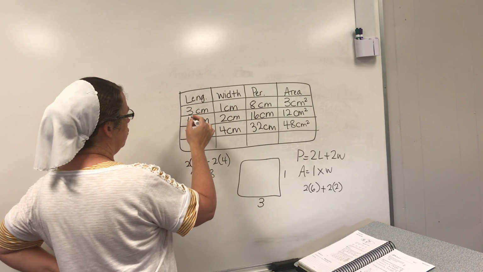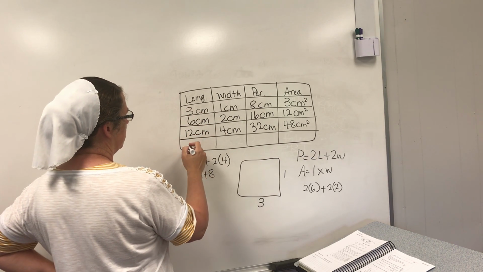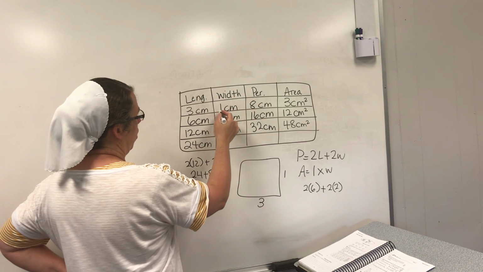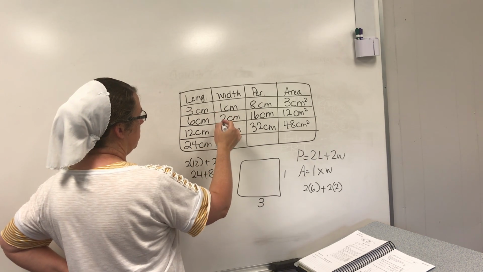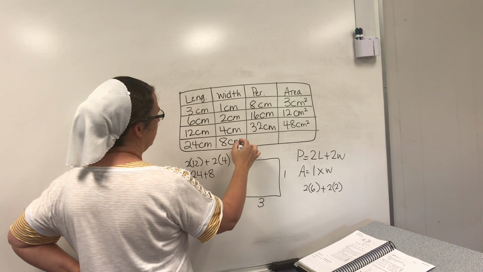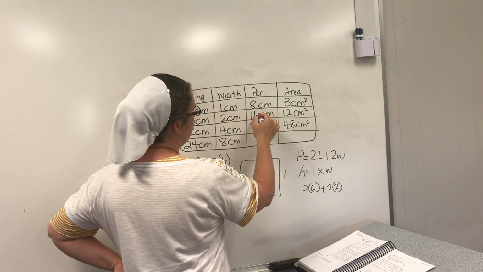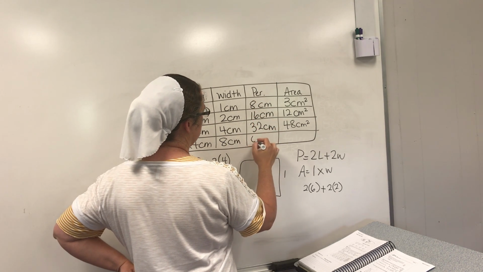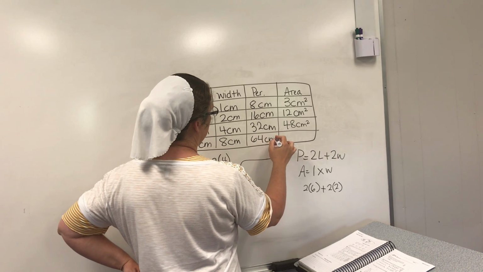We went 3 times 2 is 6, times 2 is 12, times 2 is 24. 1 times 2 is 2, 2 times 2 is 4, 4 times 2 is 8. 8 times 2 is 16, 16 times 2 is 32, 32 times 2 is 64.